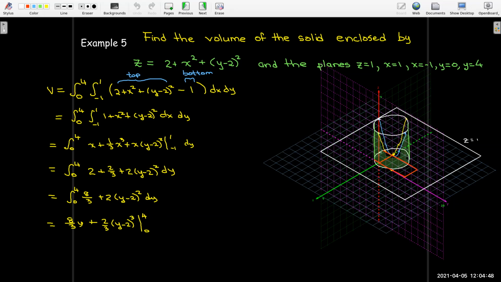Now, when I was first learning antiderivatives, I would want to make a u substitution here, but at this point I should say, well, if I make a u substitution, I can see that du is the same as dy, so I'll go ahead and just apply the power rule directly to the quantity y minus 2 squared. And now I have to evaluate that between 0 and 4. And if I did my arithmetic correctly, that gives me 64/3.